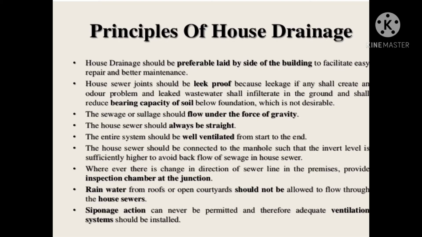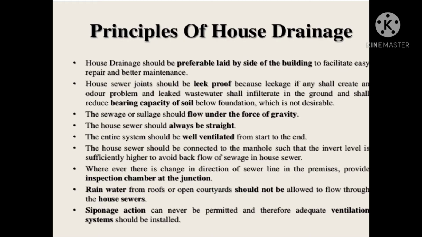The sewage or sullage should flow under the force of gravity. The house sewer should always be straight. The entire system should be well ventilated from start to end, otherwise it will create odor gases.